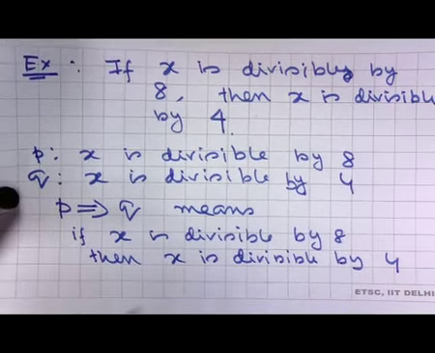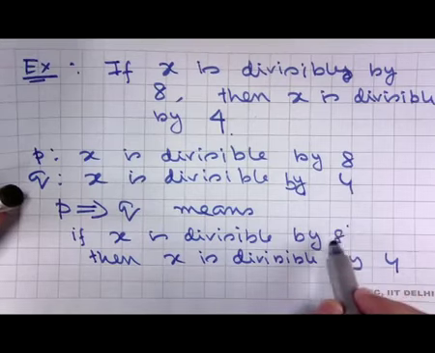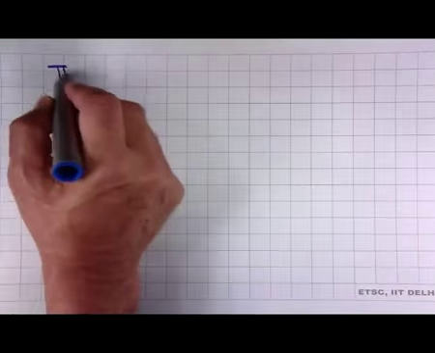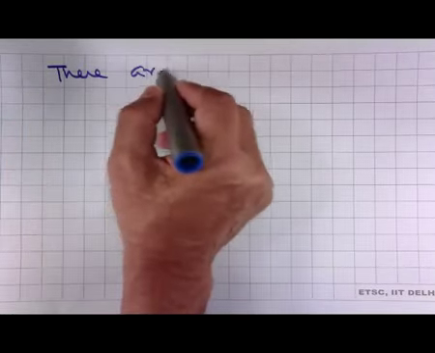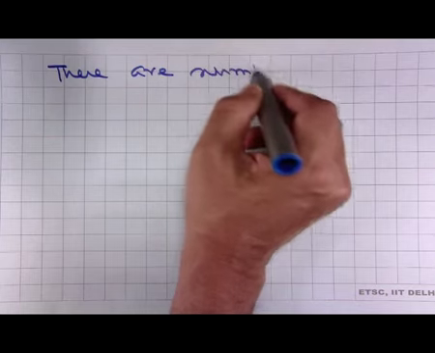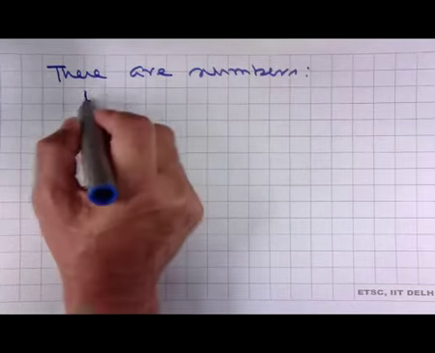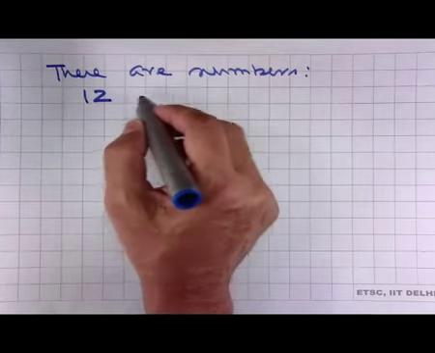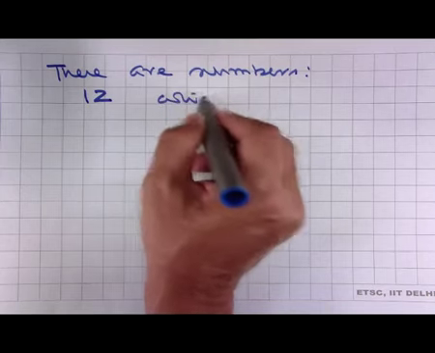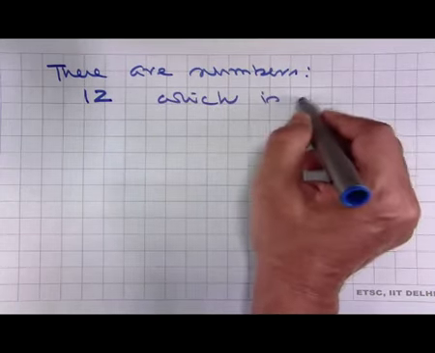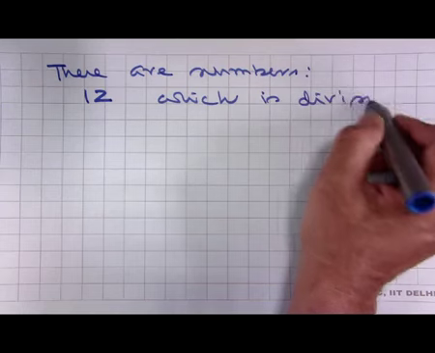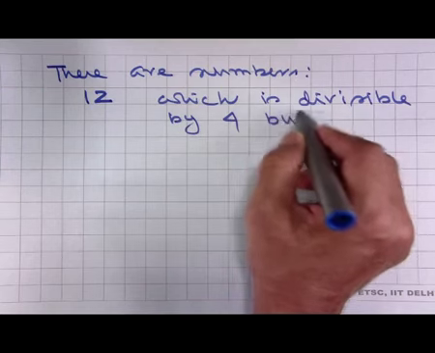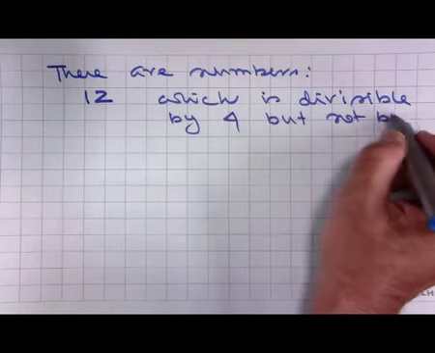We cannot say anything if the number is not divisible by 8, because there are numbers like, say, 12, which is divisible by 4, but not by 8.